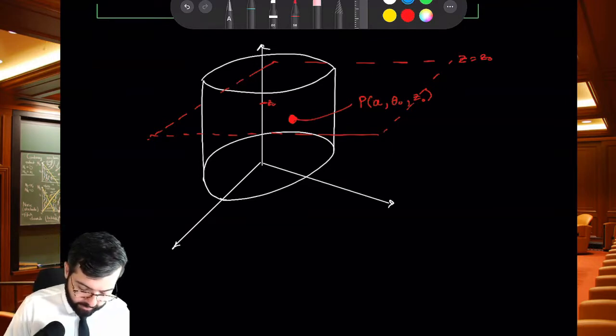Let me draw that a little bit better. The projection down into the xy plane, and we see here this radius that meets it outward.